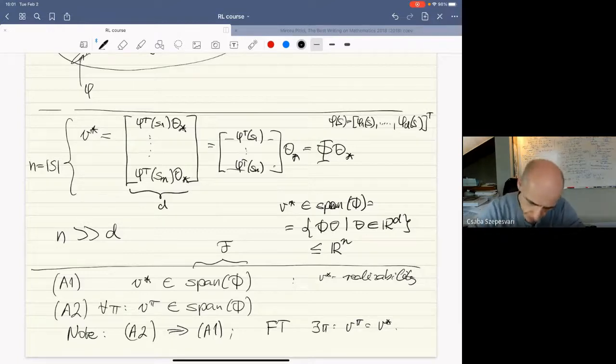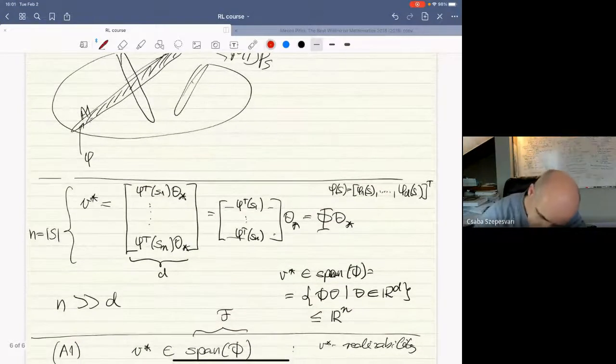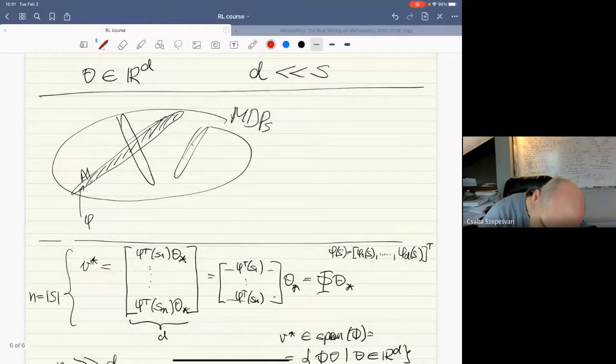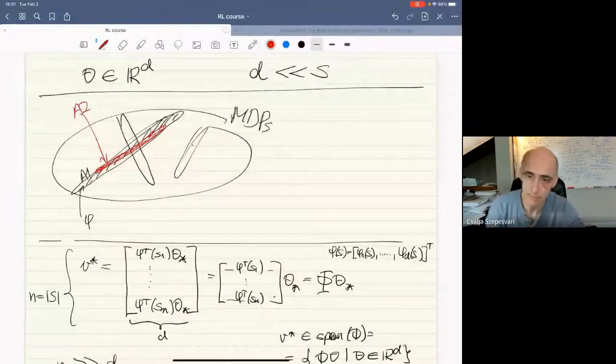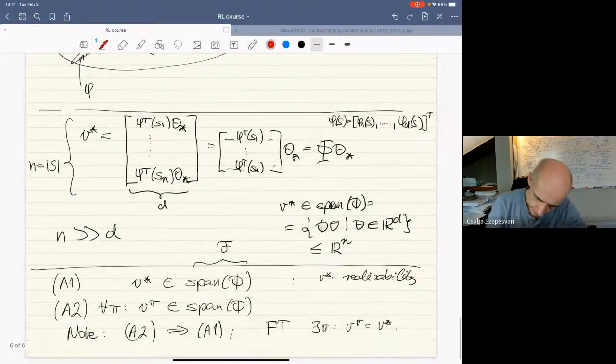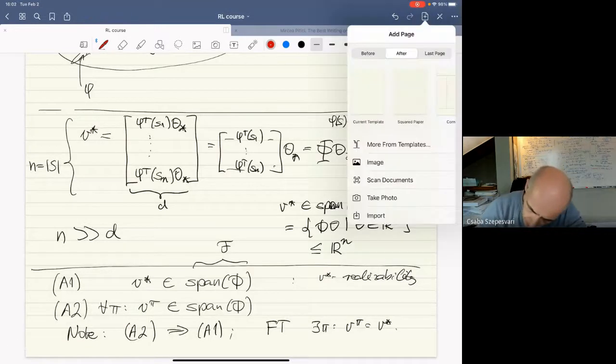So that means that the set of MDPs for which A2 is true is even smaller. It's like this subset. I didn't go out of the other set. Just stick inside. That's where A2 holds. So whenever A2 holds, A1 holds, but there could be MDPs where A1 holds and A2 does not. There are indeed examples like that, many. So A2 is a stronger assumption.